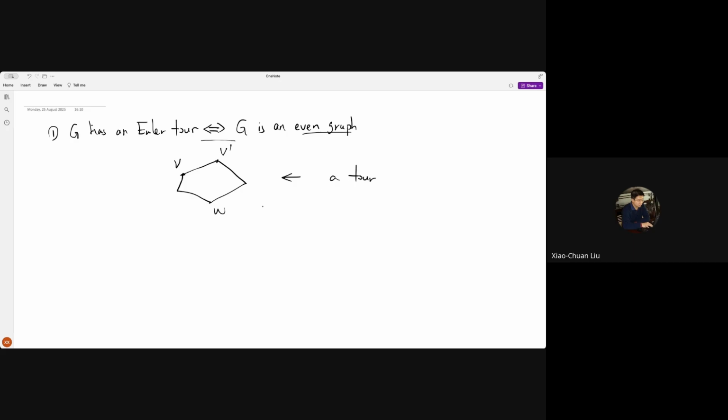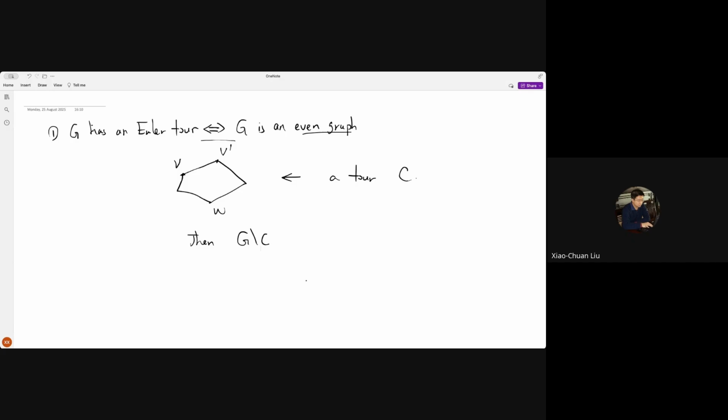But this tour may not exhaust all the edges. For example, you got this tour, maybe you call it C, and then G minus C might not be connected. But it's an even graph, and then you use induction to cover every connected component by a tour, and you can obtain a tour which is a union of everything.